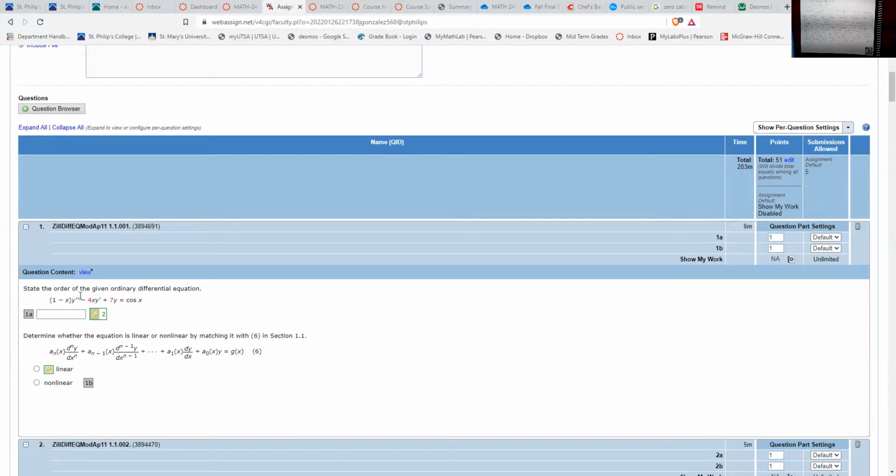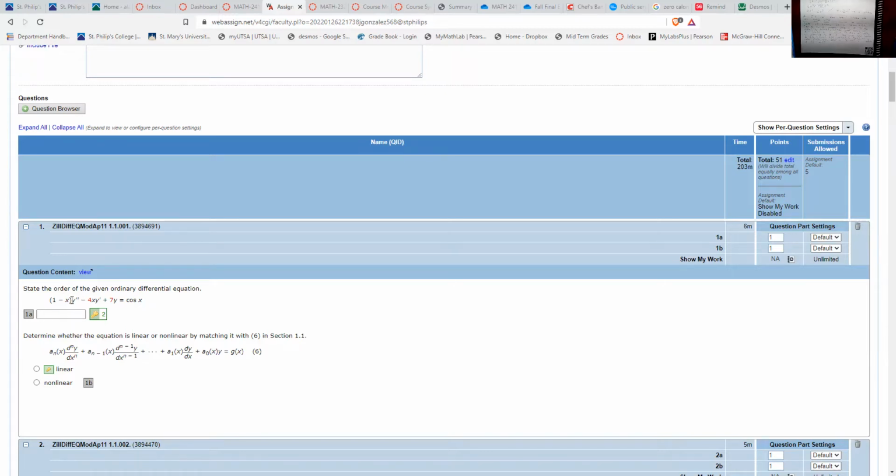No big deal. And then it says determine whether the equation is linear or nonlinear. And then they give you the definition here of a linear type. Notice how none of the y variables or y derivatives have any kind of power, or are inside of a function. So it has to be in this form. Now, if you look at the double prime, there is no power on it.